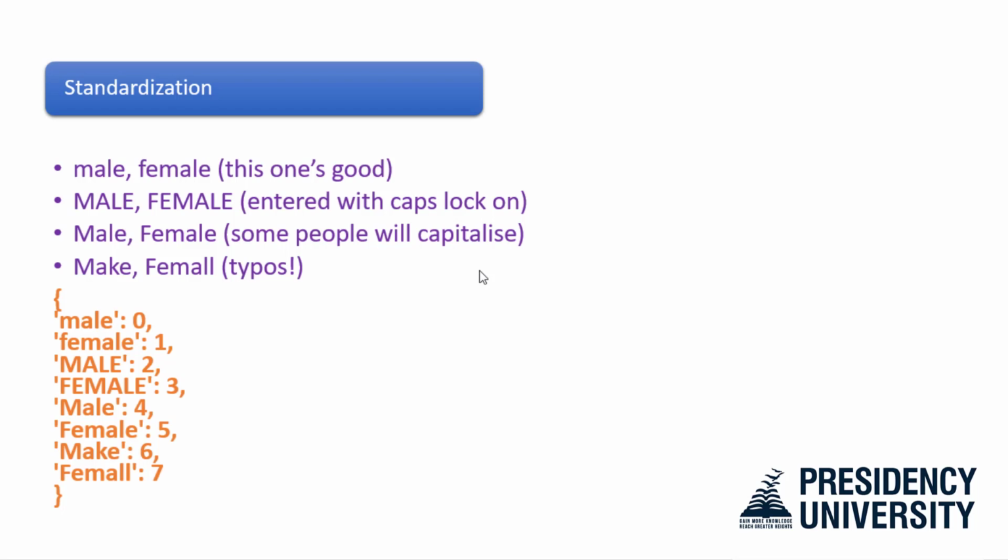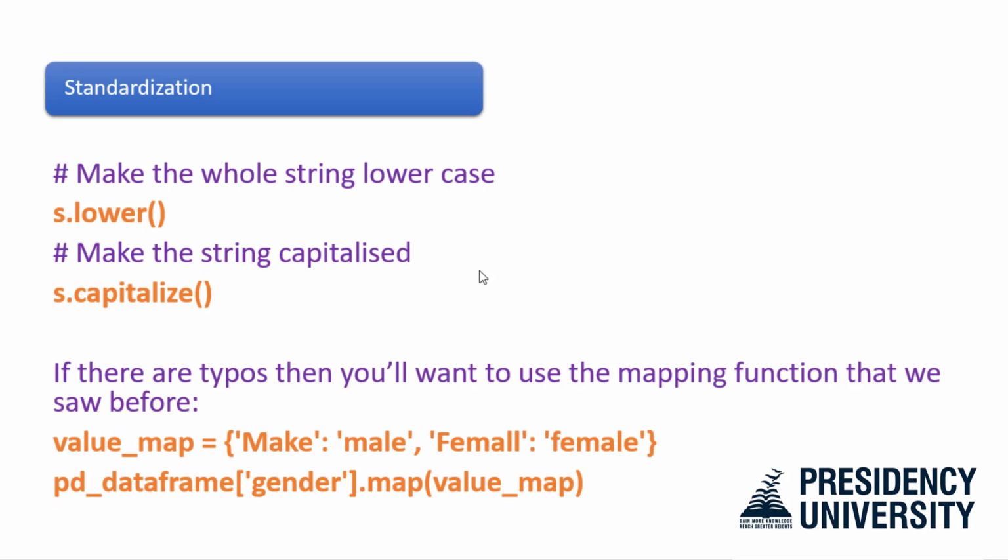Standardization. When users enter data into a dataset, they may follow different formats for data entry. Some may enter all the data in small case, some in caps, some may prefer capitalizing the first letter, and some may have typographical errors. In order to make the whole string lowercase, we use the lower method, and in order to capitalize it, we use the capitalize method.